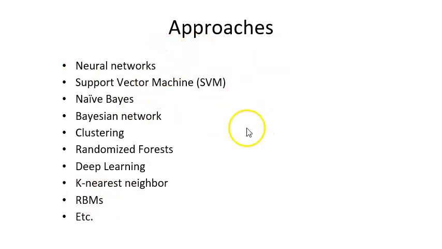There are many different approaches in machine learning. We call them methods, algorithms. These include neural networks, support vector machine, naive Bayes, Bayesian network. As you can see, many of these approaches are statistical methods. This is very normal because we are dealing with input data, usually big data.